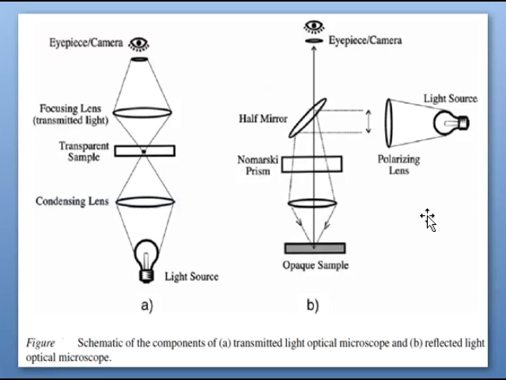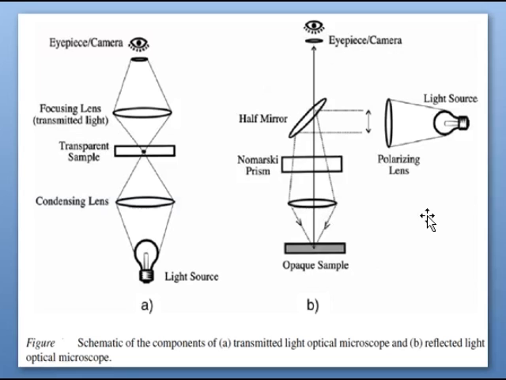At a particular area, the concentration of the light will be there. When this light is reflected back, it again passes through the half mirror. In this case, the light doesn't reflect back to its light source. Instead, it is transferred to the eyepiece or a camera, where an amplified image will appear.